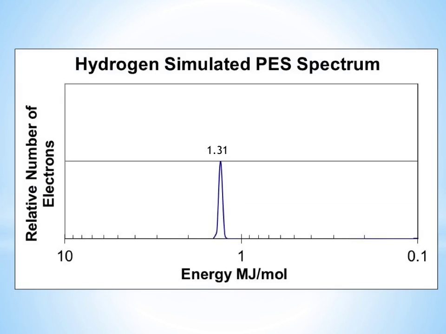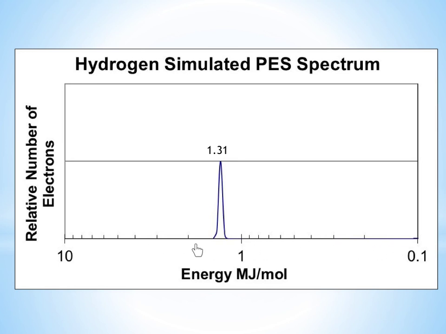Here is a PES spectrum of hydrogen. And what you can see, first of all, is that the vertical axis represents the relative number of electrons. So the higher the peak on the PES spectrum, the more electrons there are at that particular energy. The horizontal part of this graph represents the energy that is needed to dislodge those electrons in those particular energy levels and orbitals.